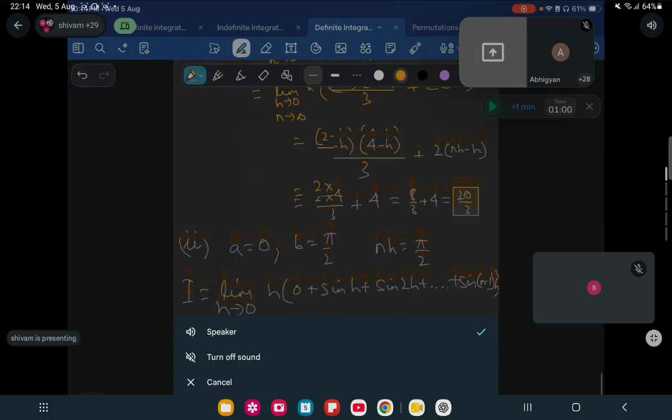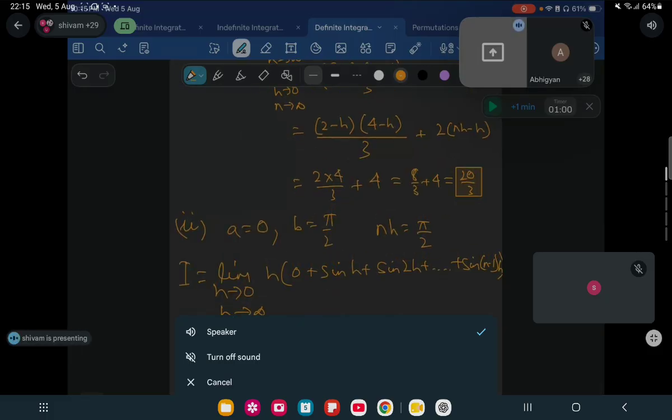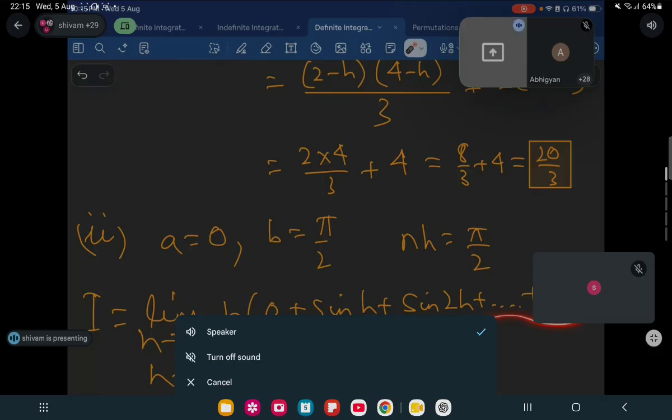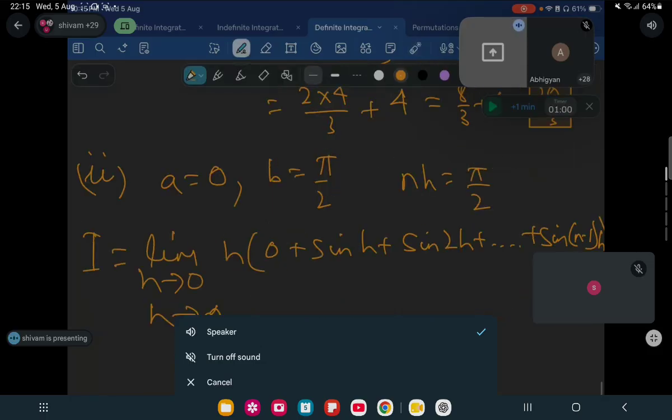Now, remember how to simplify this series? You must have done it in trigonometry, where the angles are in AP. Do you remember? Tell me. I've forgotten actually. How many of you remember? Sine n beta by 2 divided by sine beta by 2, right?